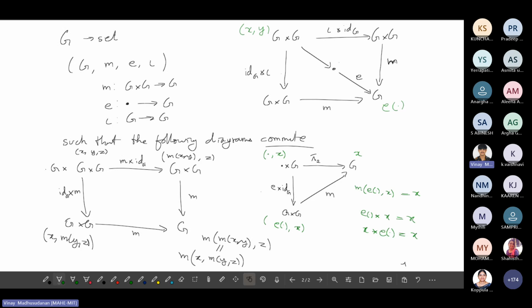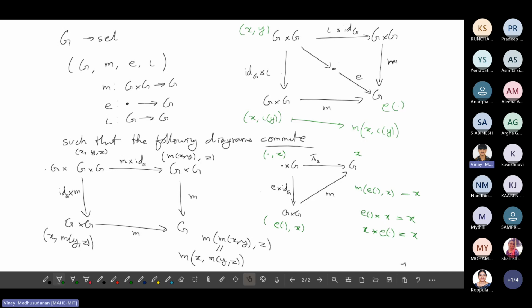Now, if you go this way, for example, what do you get? This is ID and this is iota, which I don't know what it does, but I'll just write this. Now when you do this, this maps to M of (x, I of y).